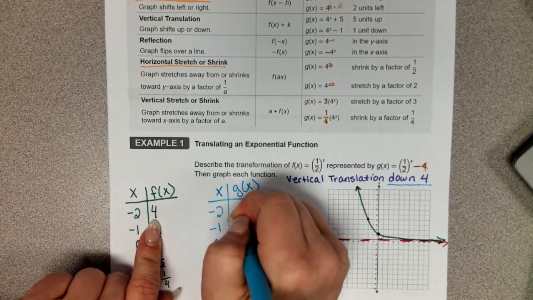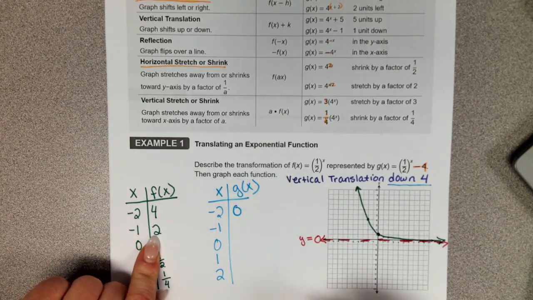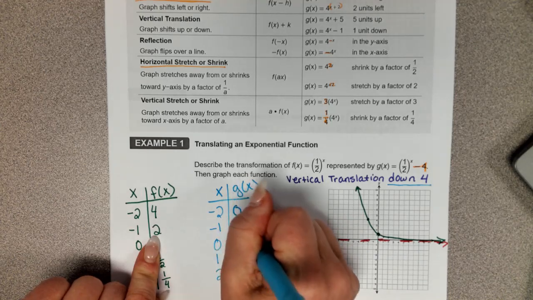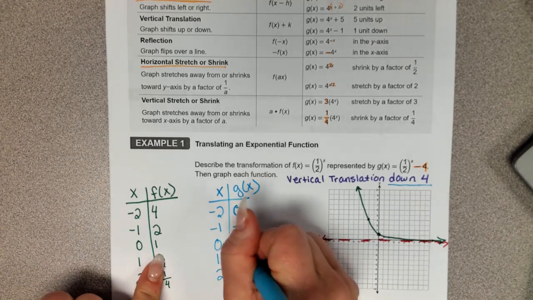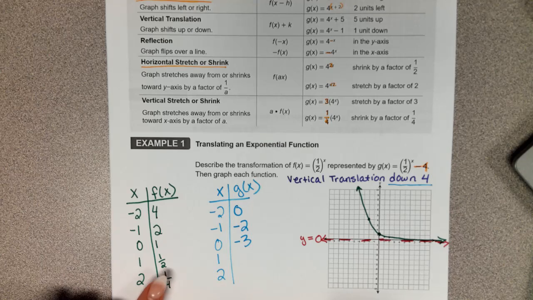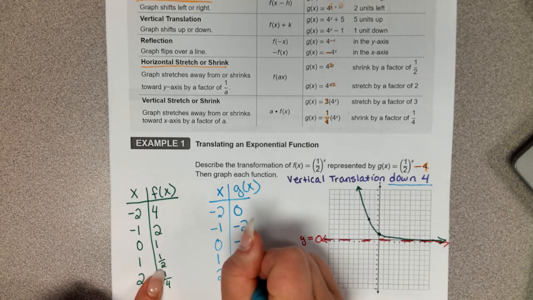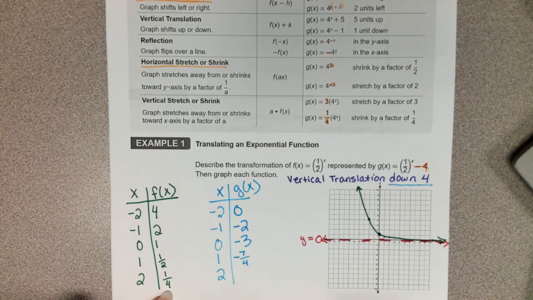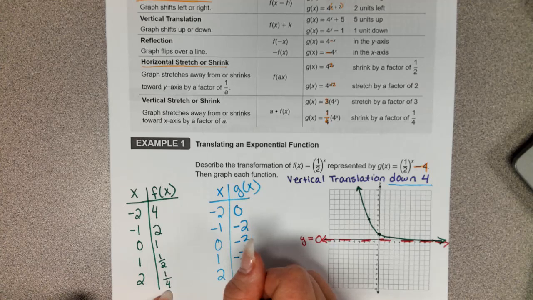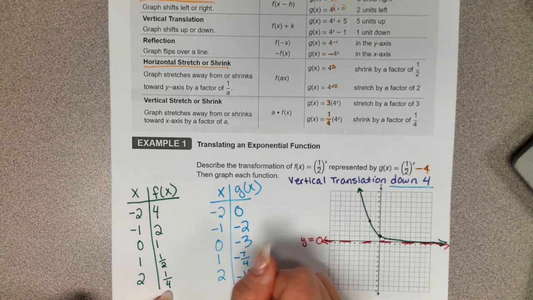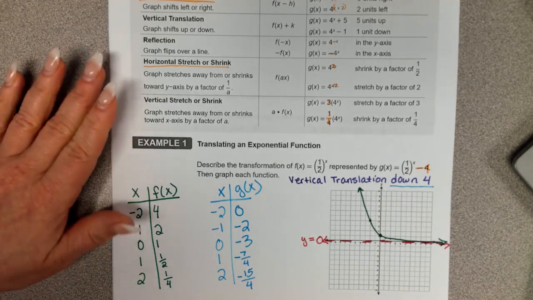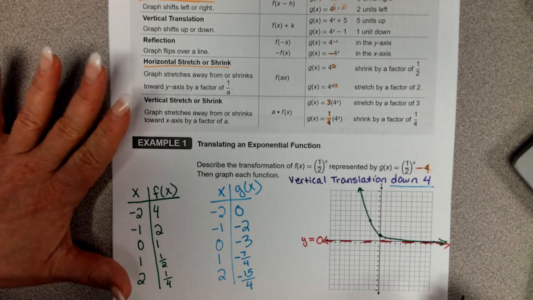So 4 minus 4 is 0. 2 minus 4 is -2. 1 minus 4 is -3. 1/2 minus 4 is -7/4. And 1/4 minus 4, -15/4, I believe.